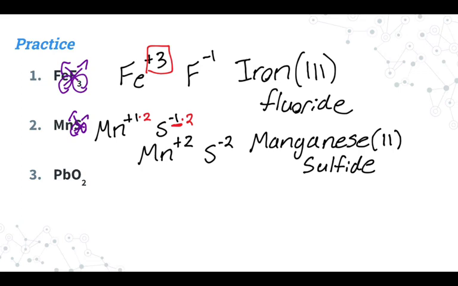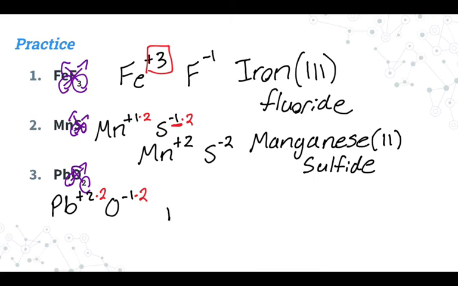All right, number 3, we have our PbO2. We'll go ahead and uncross these charges. So we're going to get our Pb plus 2 and our O minus 1. Now, if we take a look at the periodic table, we know that oxygen does not have a -1 charge. It has a -2 charge. So what we have to do is multiply our -1 by 2, but because what we do to one, we have to do to the other, we'll multiply our plus 2 by 2 as well.